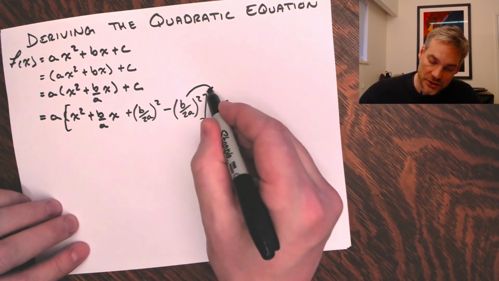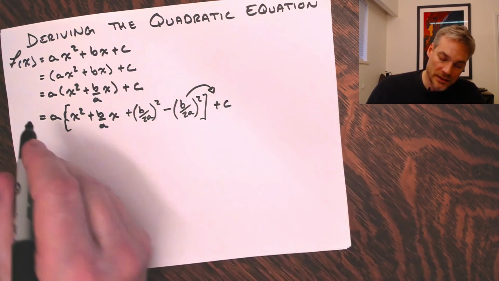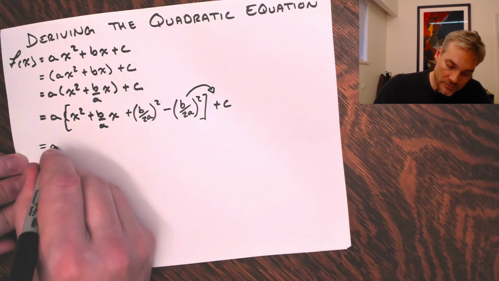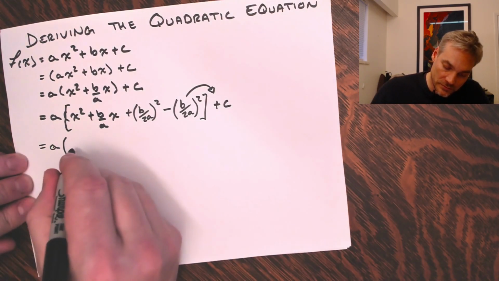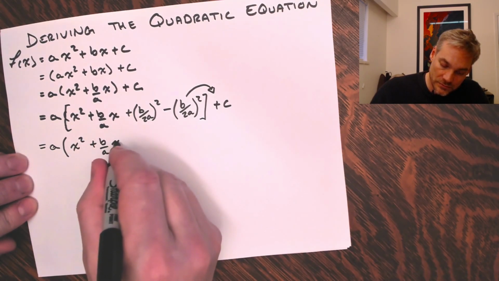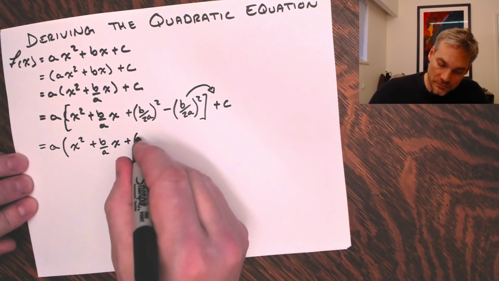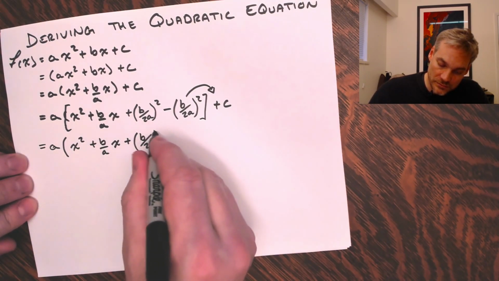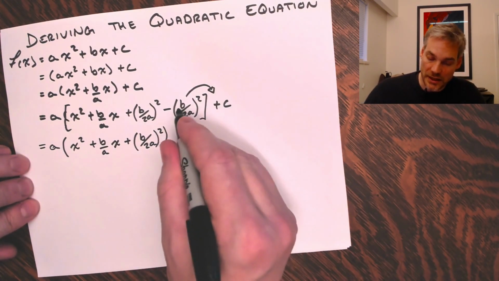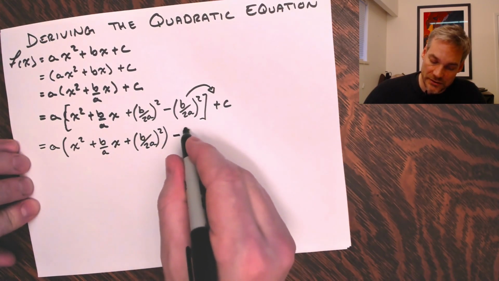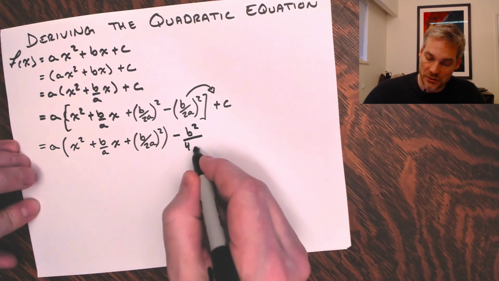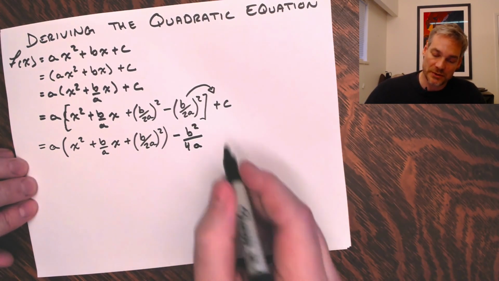I'm going to take this term outside, and when I do, I multiply it by an a. Now I'm going to multiply this all out, so then it'll be negative b squared over 4a squared, but I multiplied by an a, so I just get 1a.